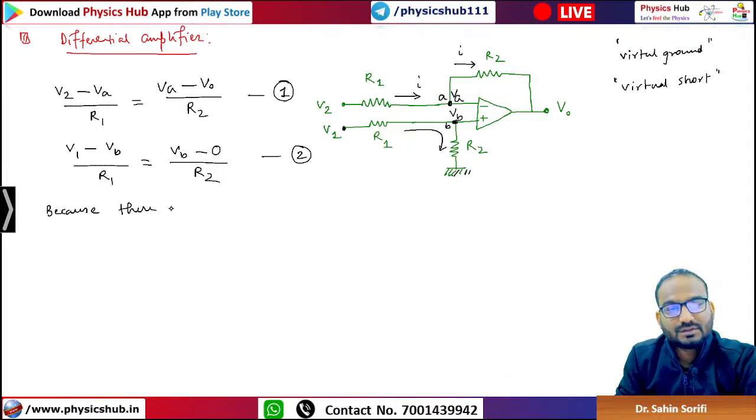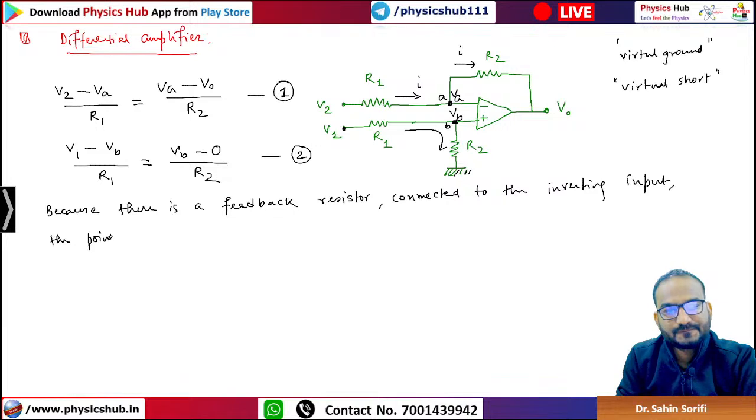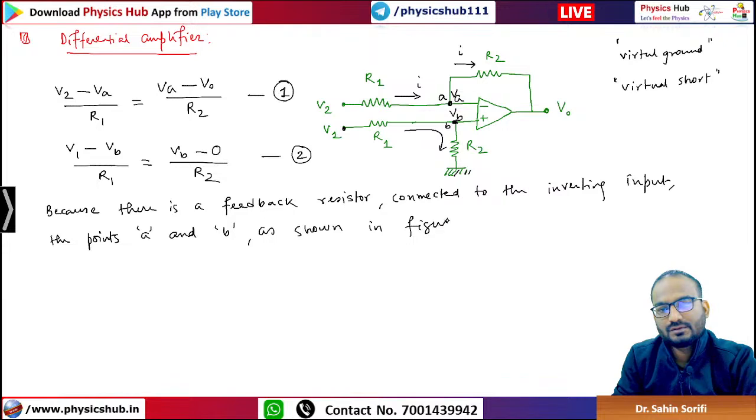Because there is a feedback resistor connected to the inverting input, the points A and B as shown in the figure will be in a virtual short condition.